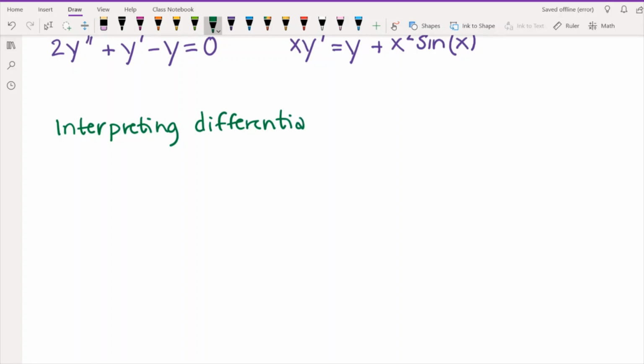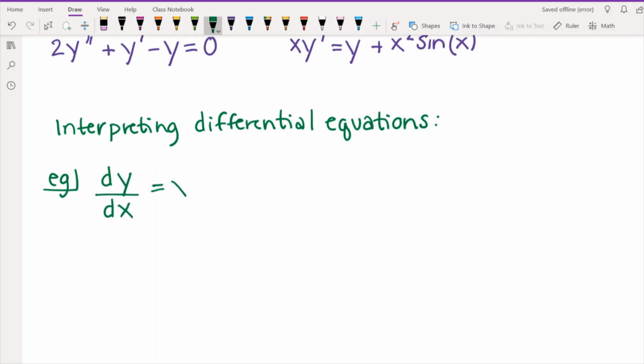One thing that I think is a really important skill in general in math is being able to look at an equation or a theorem or a formula and not just read it as a bunch of math symbols, but really try to read it in words. So for example, what if we had the differential equation dy dx is equal to x squared?